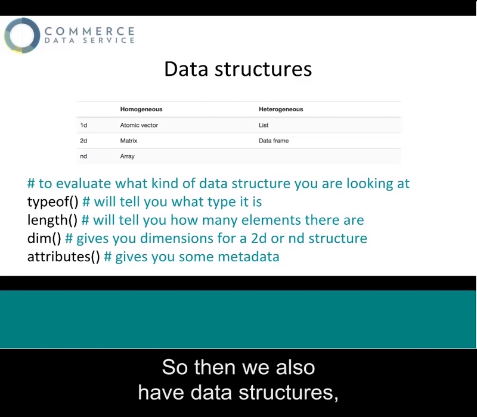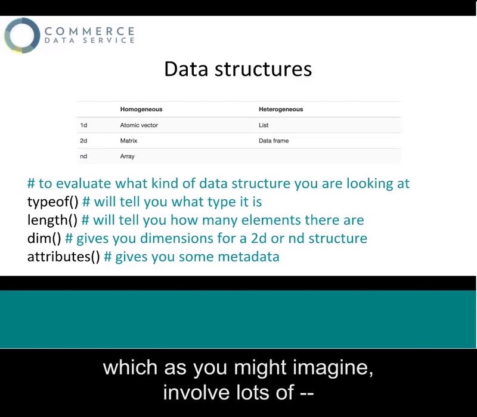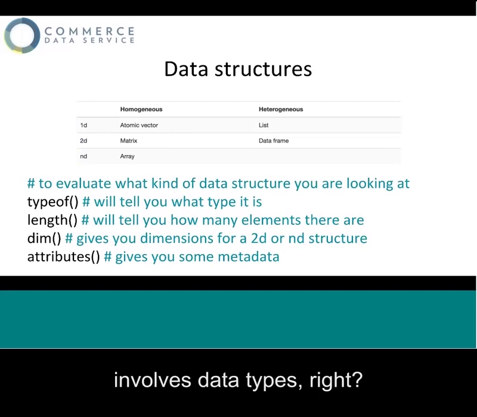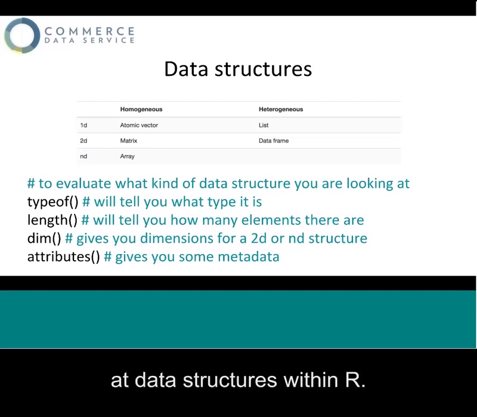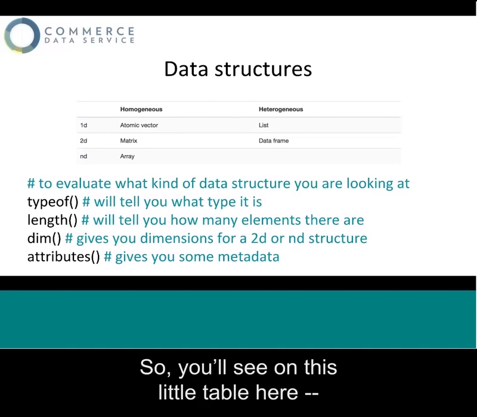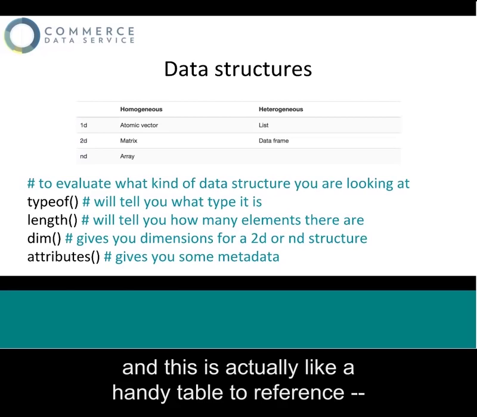So then we also have data structures, which, as you might imagine, involve data types. There are a couple of ways of looking at data structures within R. You'll see on this little table here, which is actually a handy table to reference.